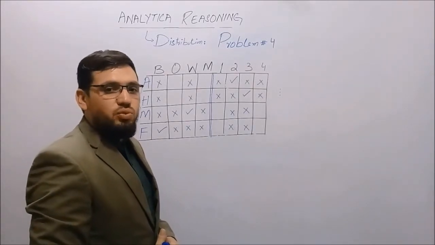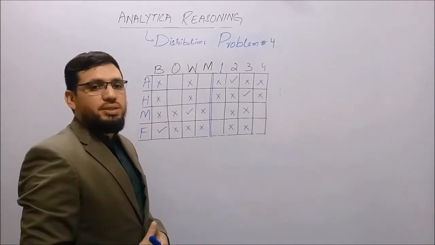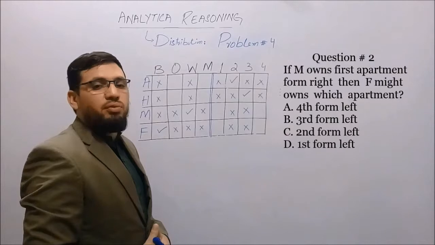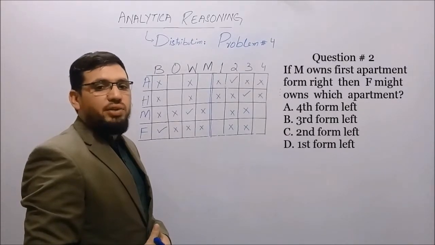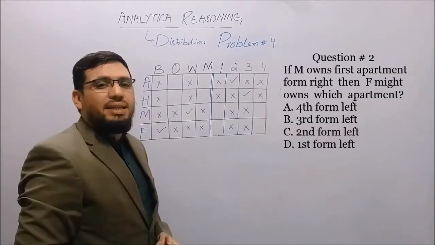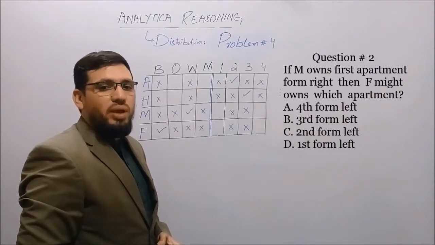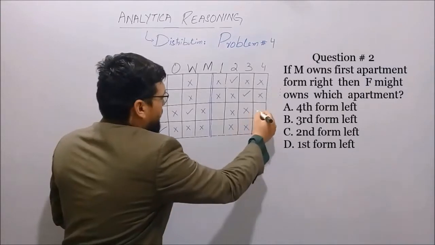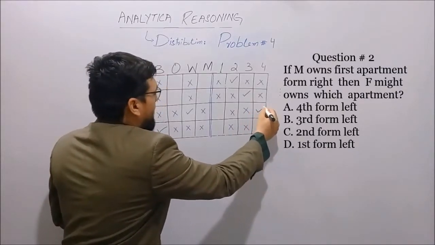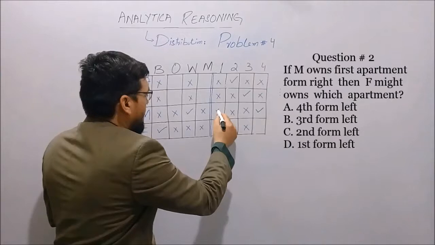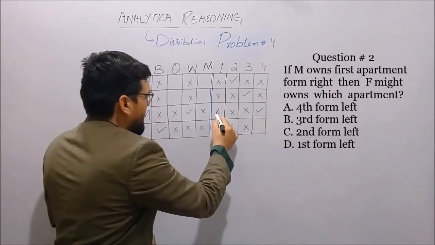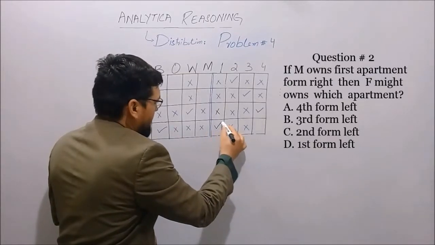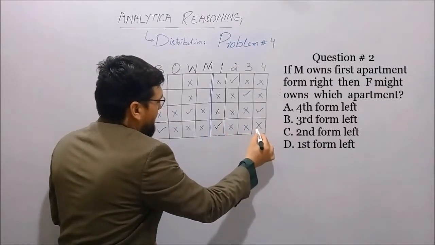Right now, let's move to the second question about this distribution, which is: if M owns the first apartment from the right, then F might own which apartment? Okay, let's assign that apartment to M and see what happens. Over here, you can see that if we assign this apartment to M, it means that M will not have the first one, and automatically F will have this one, and over here we have the cross.